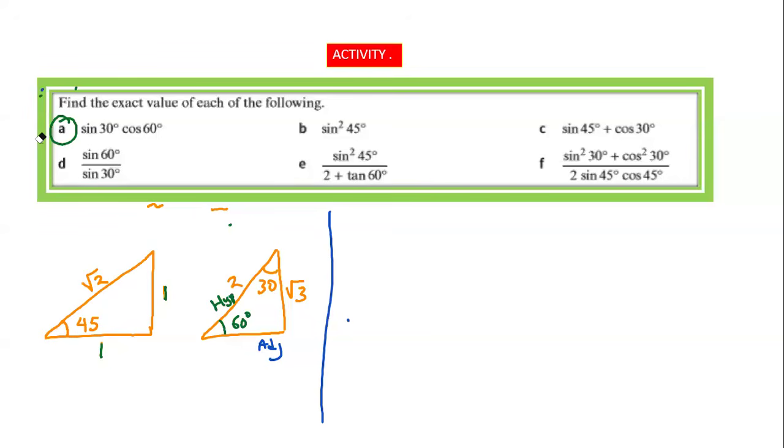Yes, now members, they have told us to find sine squared of 30 plus cos squared of 30, divided by 2 sine 45 cos 45. We first solve for the numerator.